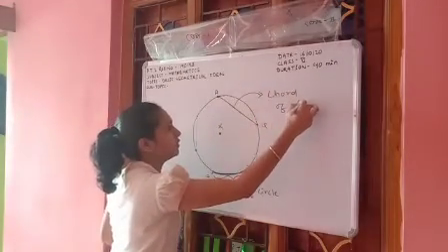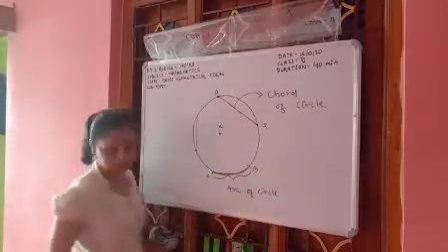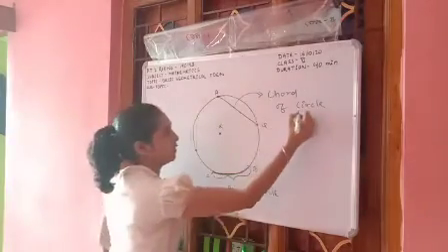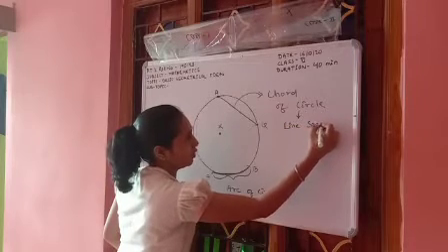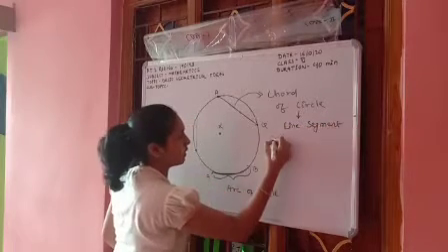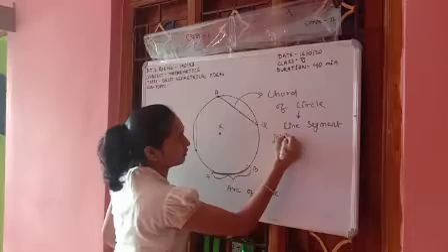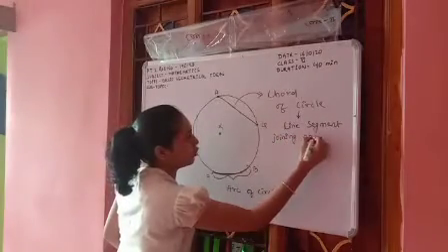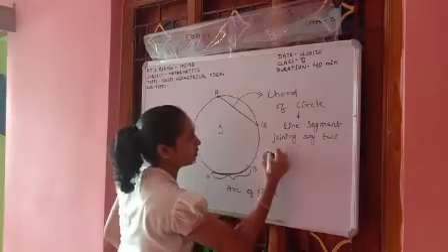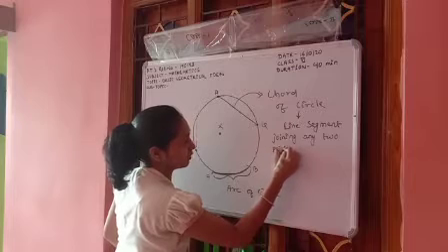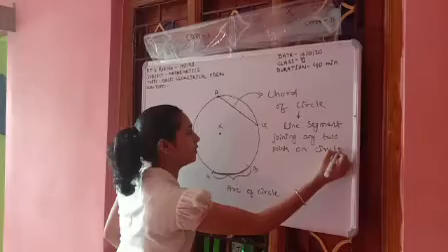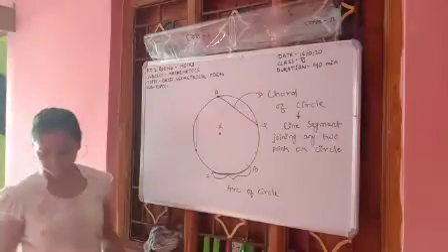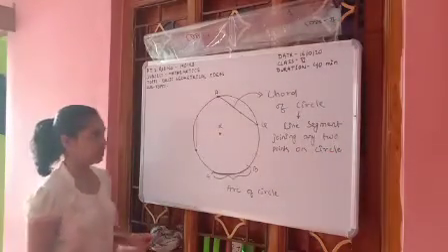Chord of the circle. Note it down: line segment joining any 2 points on the circle.